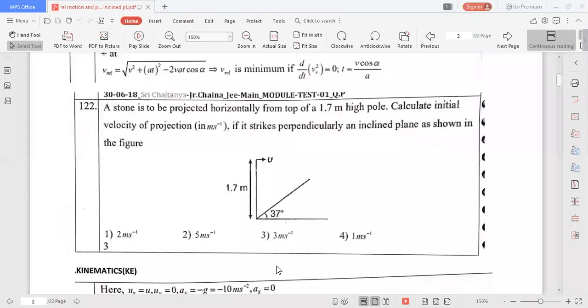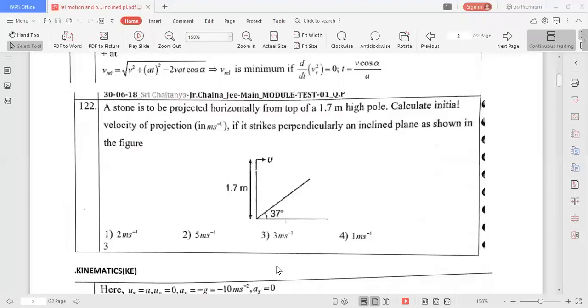Take the inclined plane as the x-axis and the perpendicular to the inclined plane as the y-axis. Draw a line parallel to the inclined plane and a line perpendicular to the inclined plane. What is the angle here? If this angle is 37, then the other is 53.